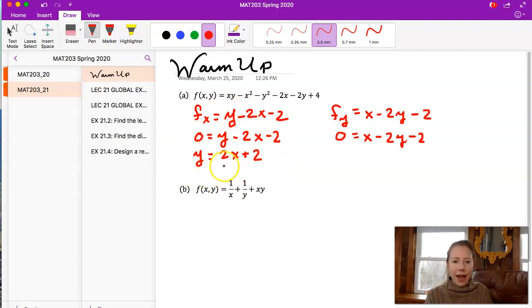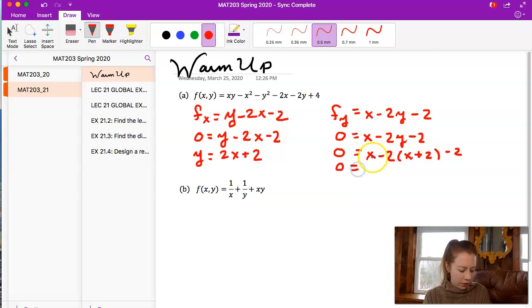So we need to plug that equality in for y, and then we can rearrange and solve for x. So 0 is equal to x minus 2 times x plus 2 minus 2. This gives us 0 is equal to x minus 4x minus 6.